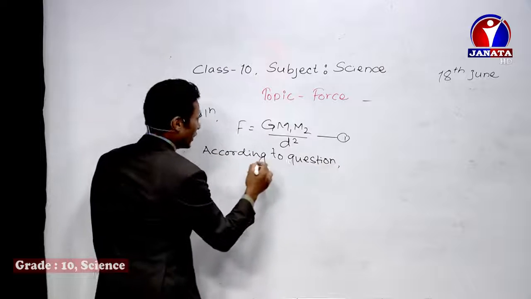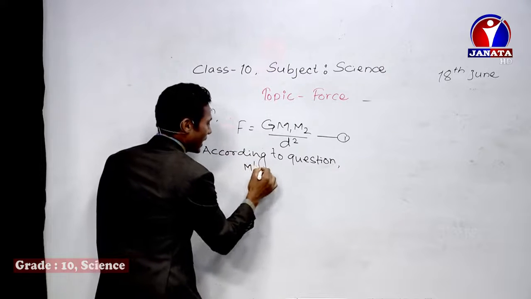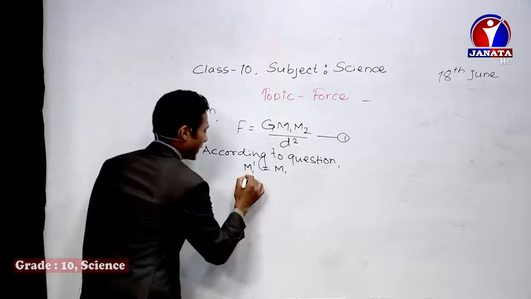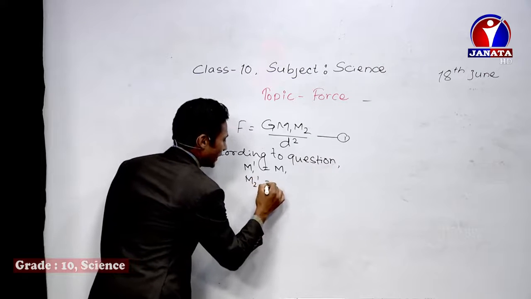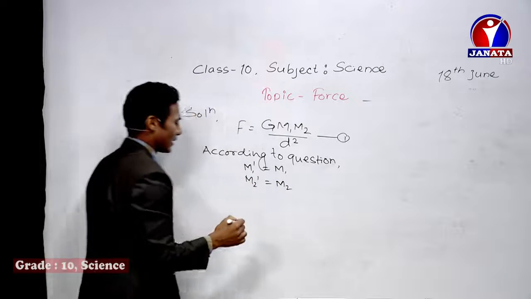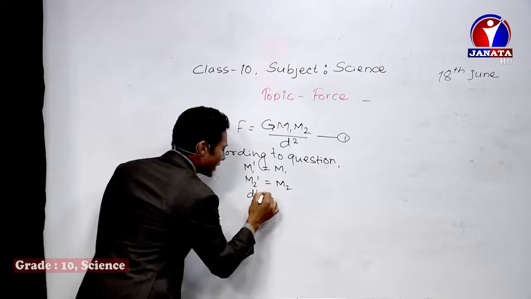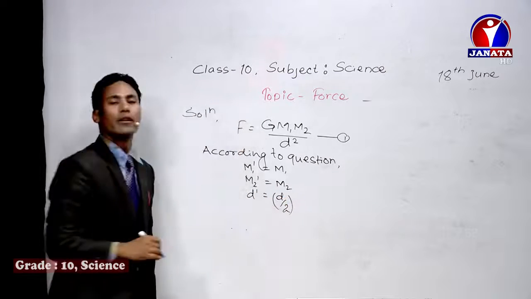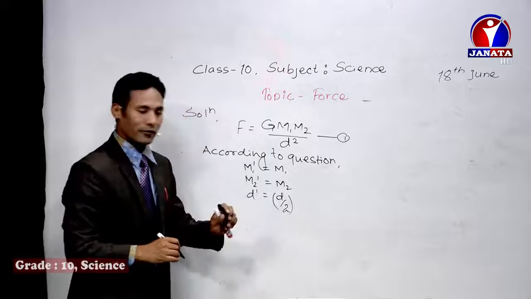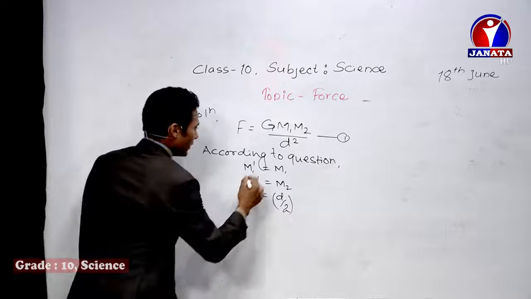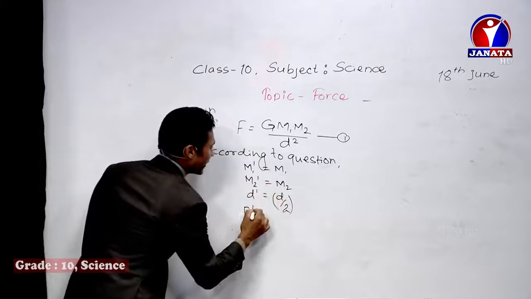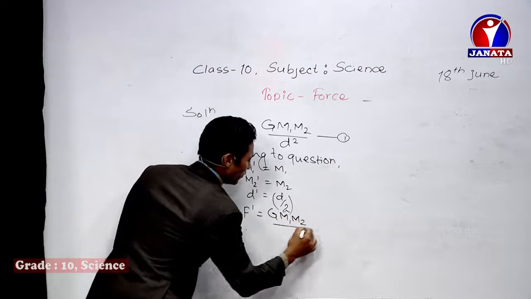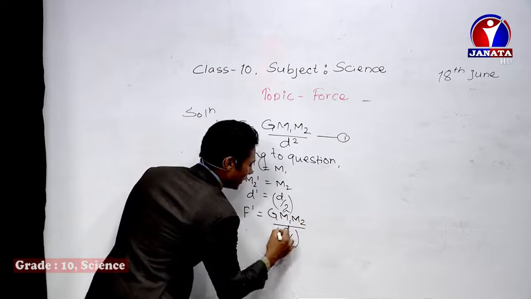So m1 dash equals m1 as it is because mass is constant, m2 dash is m2, and d dash is half the distance. So from this we can write F dash equals to G m1 m2 by (d by 2) the whole square.